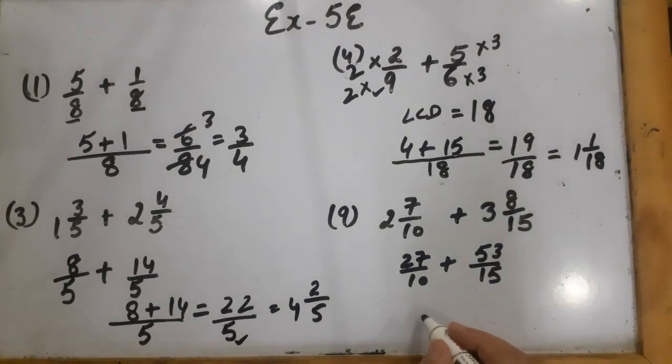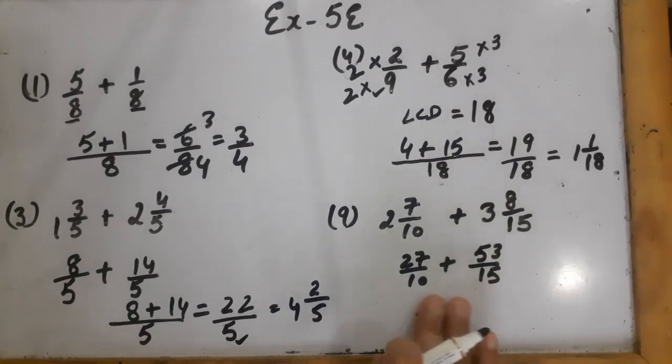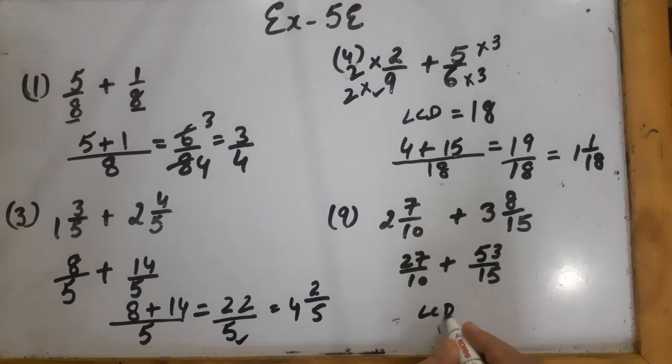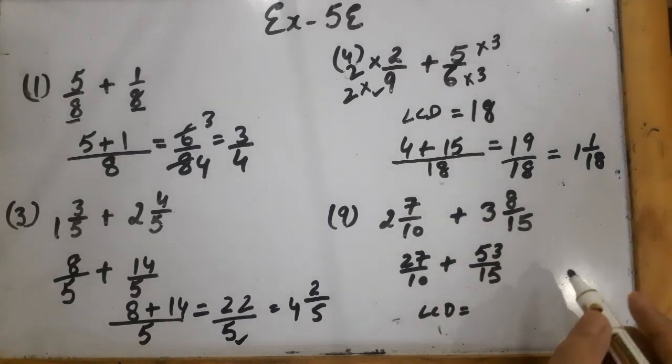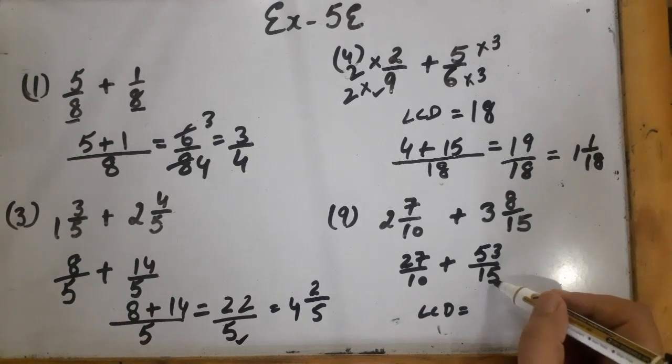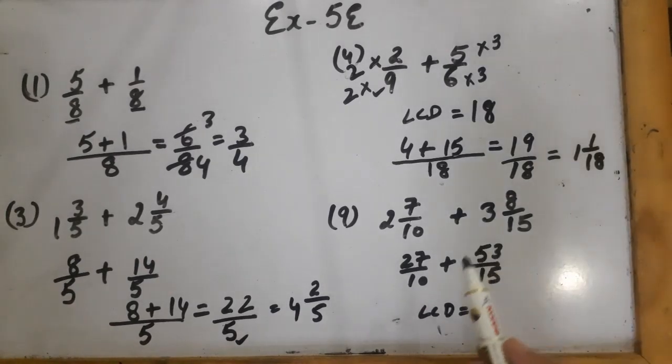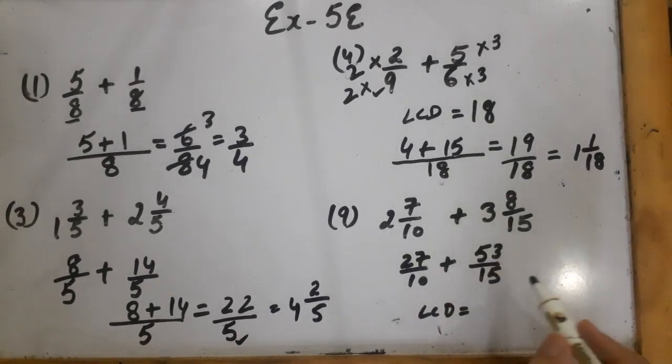So I want a common denominator for them, and that will be my LCD. In order to take out the LCD, the least common denominator for both the fractions, either you can take out the LCM, or I told you to do the calculations in your mind. So which is the bigger denominator? 15.